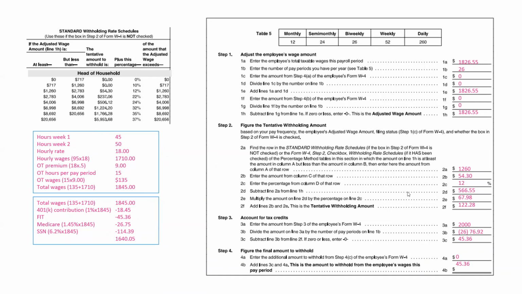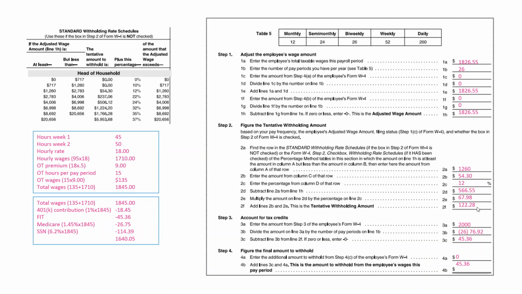Subtract line 2A from 1H. 2A is that 1260 minus 1826.55 gives us $566.55. You're going to multiply the amount on line 2D of 566.55 times 12%, and it gives you that number.